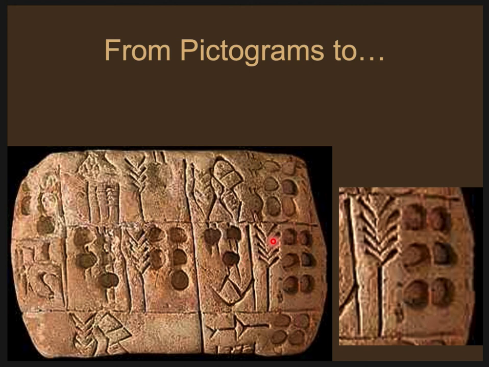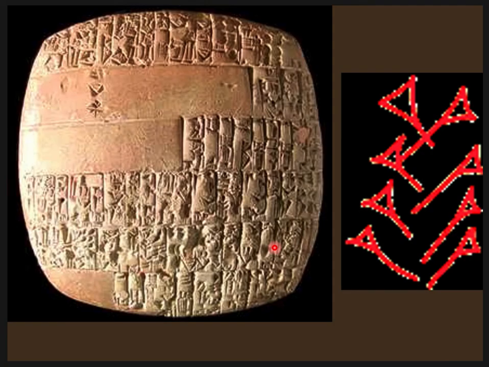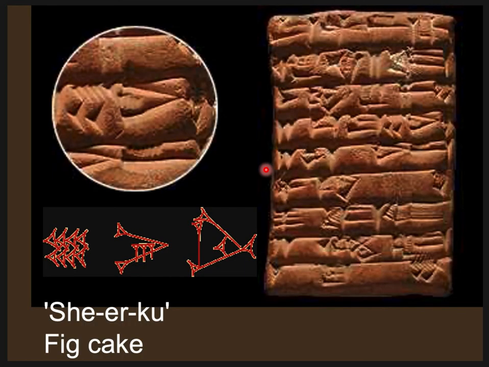Then what we see is the next development in Mesopotamian cuneiform. Here you can see barley. As we said, barley becomes more abstract in terms of the way it's represented in cuneiform. So it doesn't really look like barley anymore. But by about 1000 or 700 BC, the barley sign no longer just represents barley.